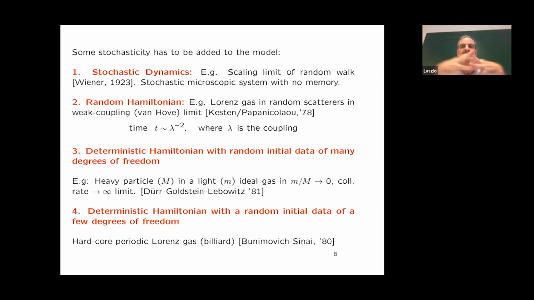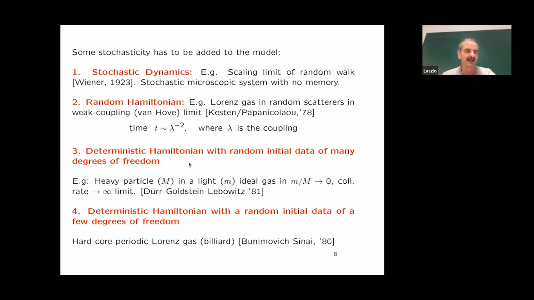The potential is drawn randomly, but after you have drawn the potential, the random scatterers, then you freeze the situation, you fix it, and then you start running a true Hamiltonian model. So actually the dynamics itself is Hamiltonian, just the potential is random. This will lead to the random Schrodinger operator. And then there are two more models which actually have even less randomness.